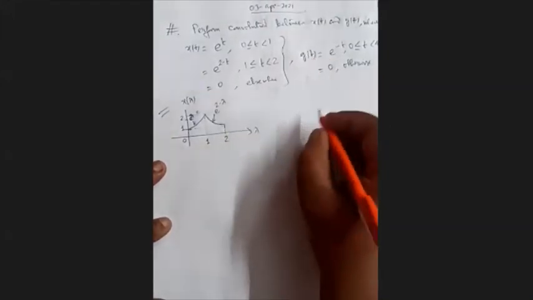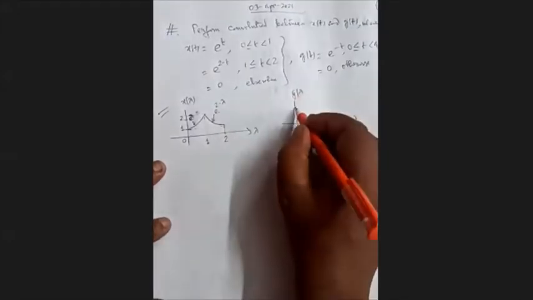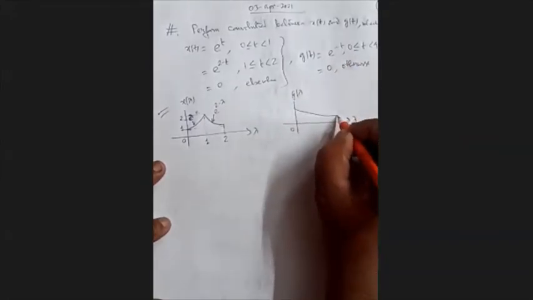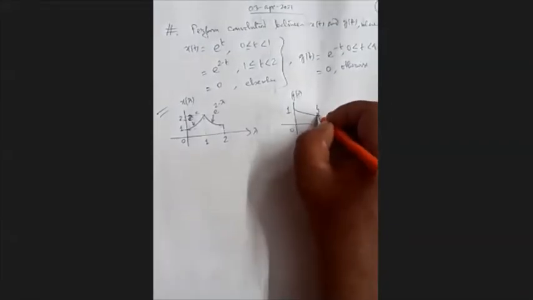Again, when we plot g(lambda) versus lambda, it is between 0 to 4. So it starts with 1, obviously. So it is e to the power minus lambda.